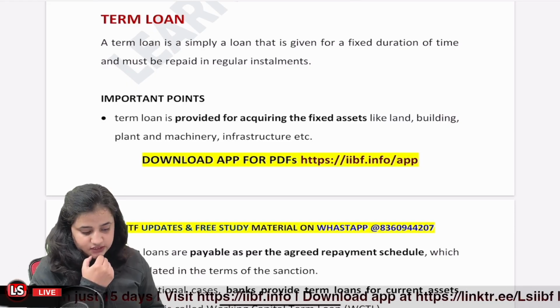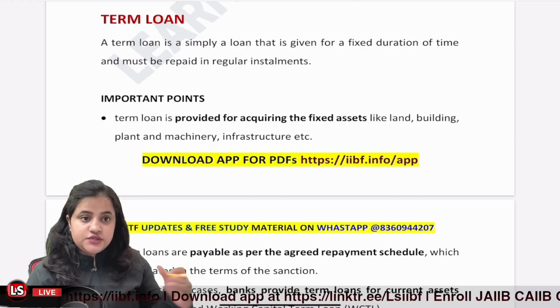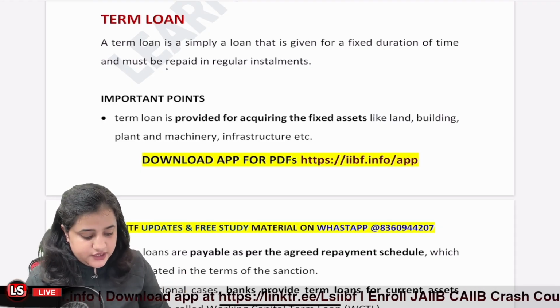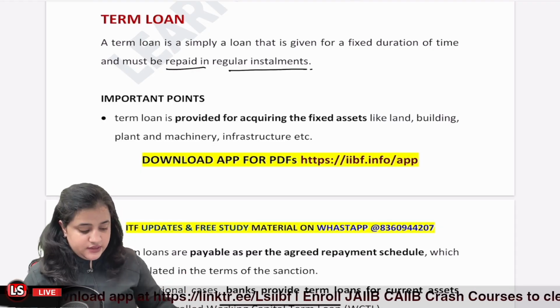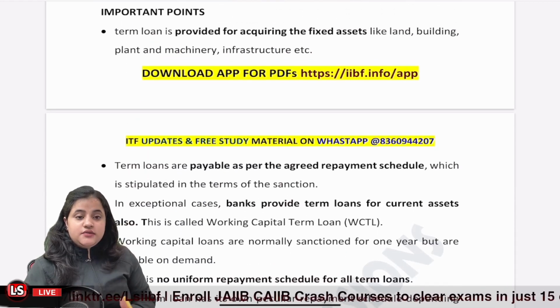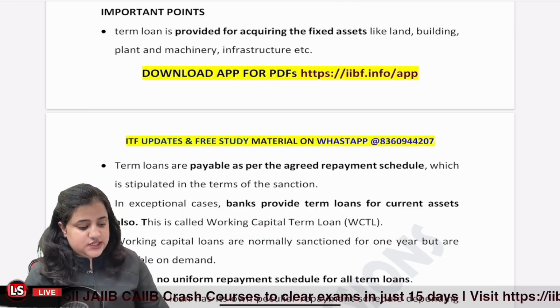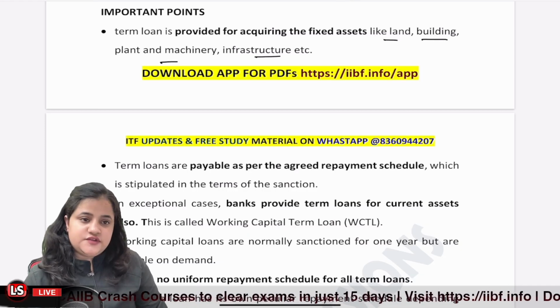Next topic is term loan. So what is a term loan? A loan that is given for a fixed duration and which is going to be repaid in regular installments, right? Normally we take a term loan whenever we are going to acquire any fixed asset like land, building, machinery, infrastructure.